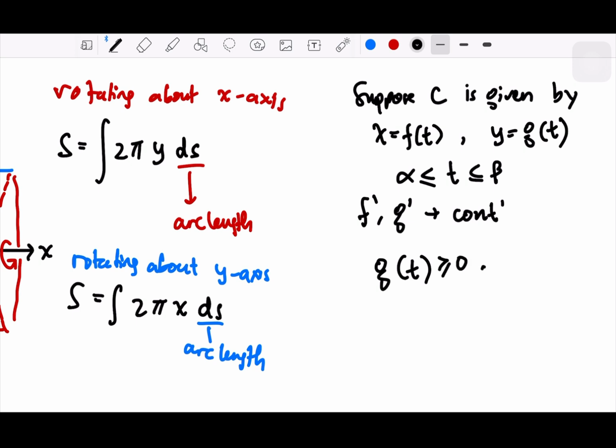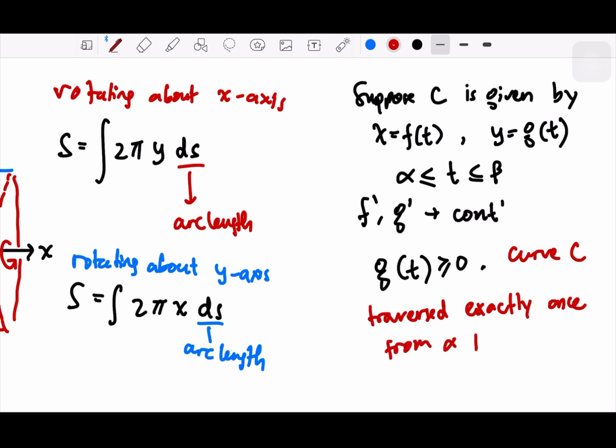And we also need to make sure that the curve C is traversed exactly once from alpha to beta.